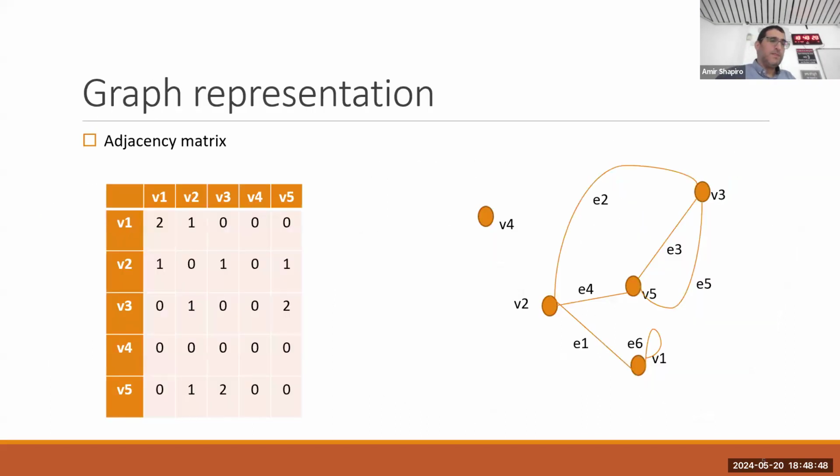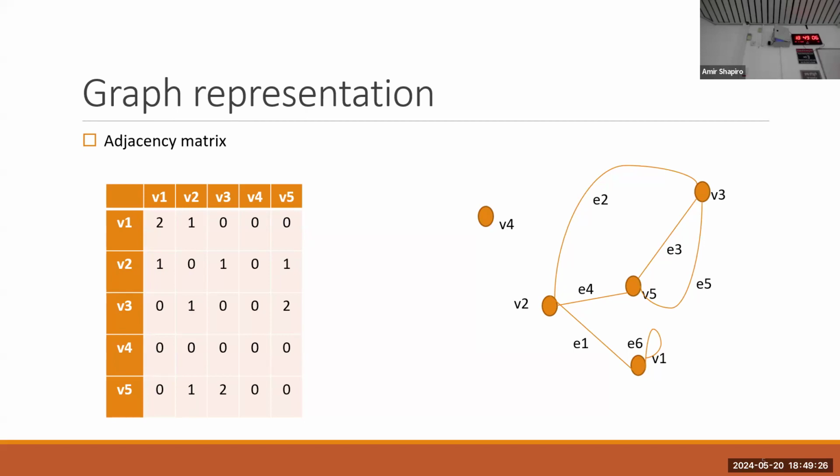Now, to hold this database, we can set an adjacency matrix. We say which are the vertices and which edges connect the vertices. So from vertex 1 to vertex 2 we have E1. From 1 to 2 we have E1.